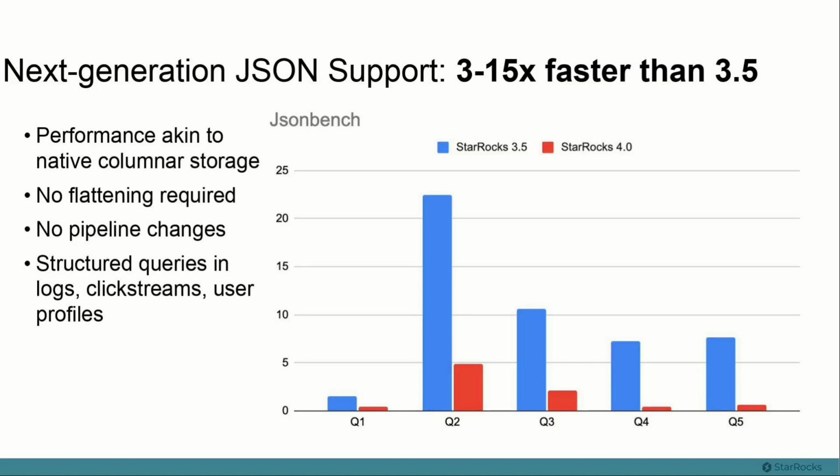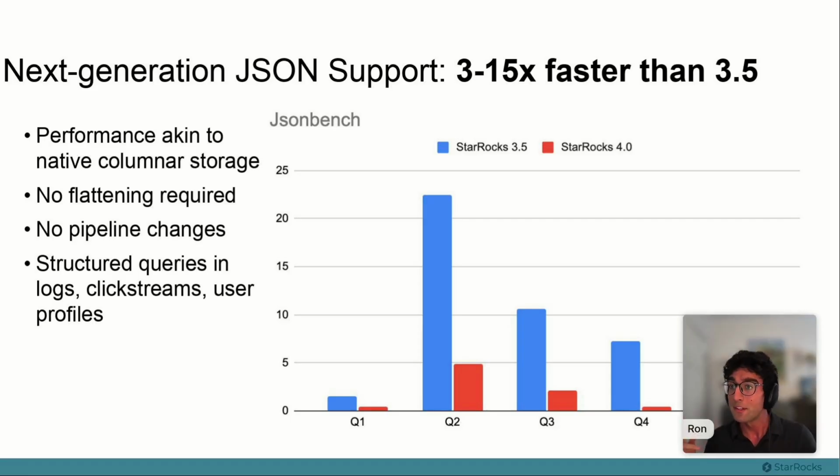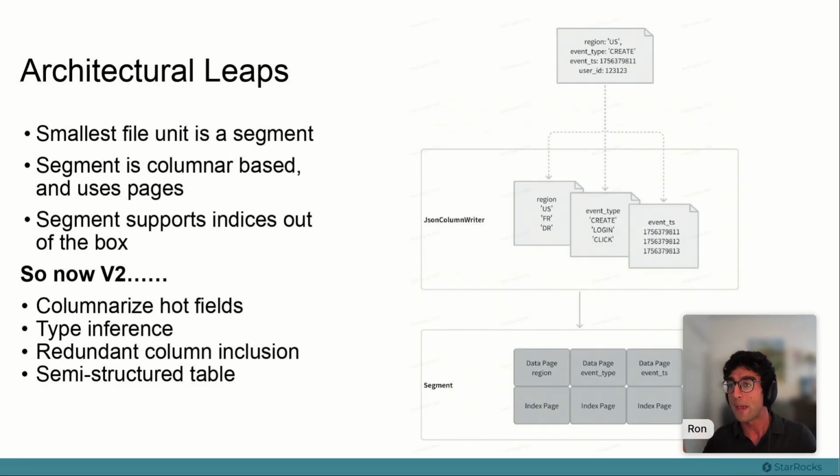Now that we've discussed the benchmark and how far we've come in performance, I want to talk about the granular file level structure that we use that actually lends to better JSON support. Going on to this page, I want to talk about how we work at the smallest file level.